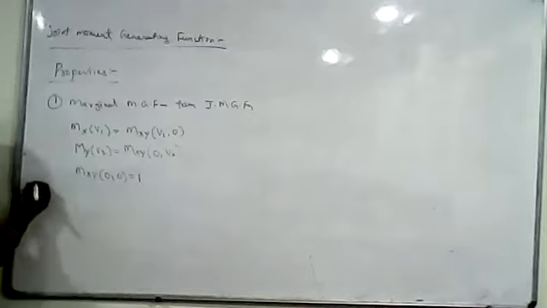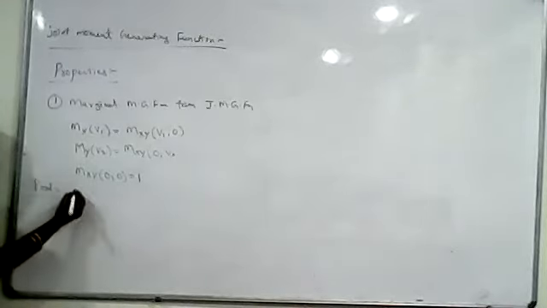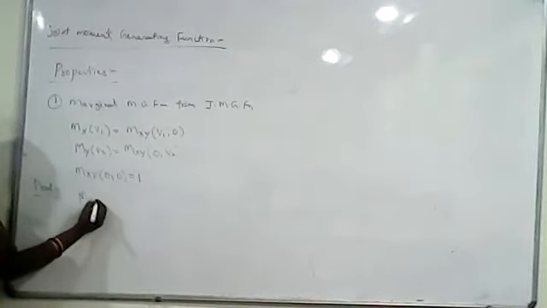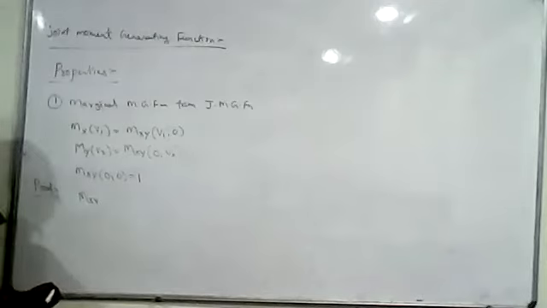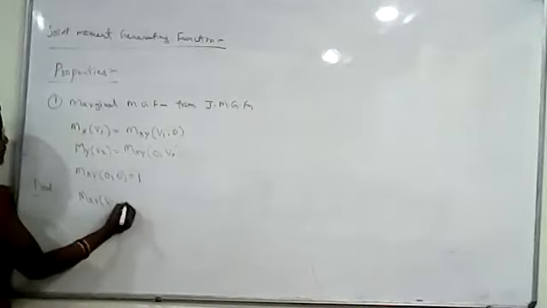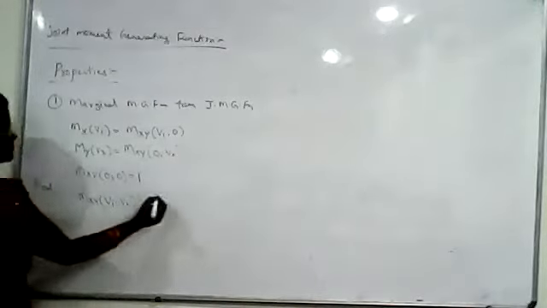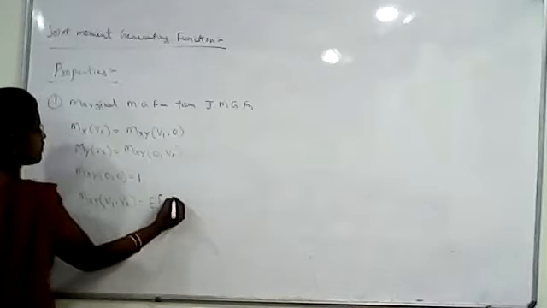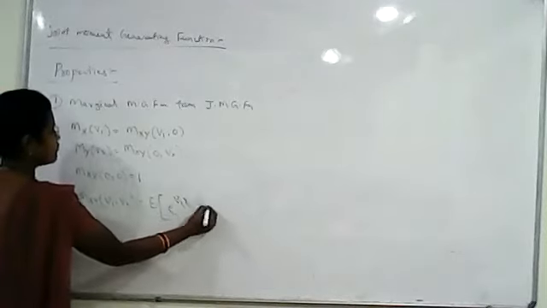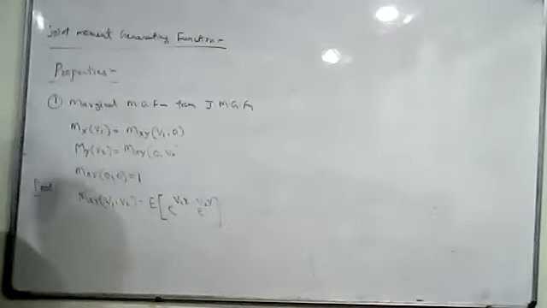Okay. So now we will discuss the proof of this. So we know that the joint moment generating function M_XY of v1 comma v2 can be written as the expected value of e power v1 X e power v2 Y. This is the formula to find the joint moment generating function.